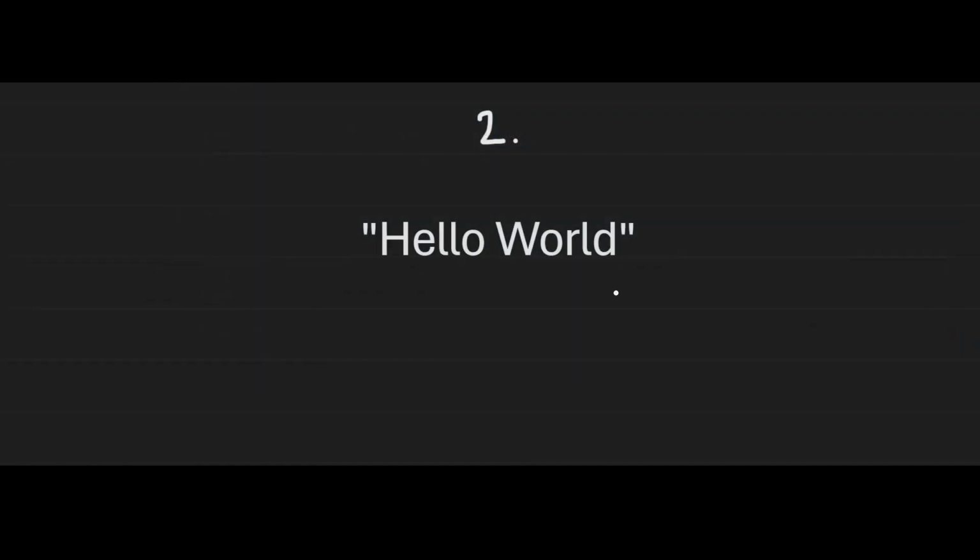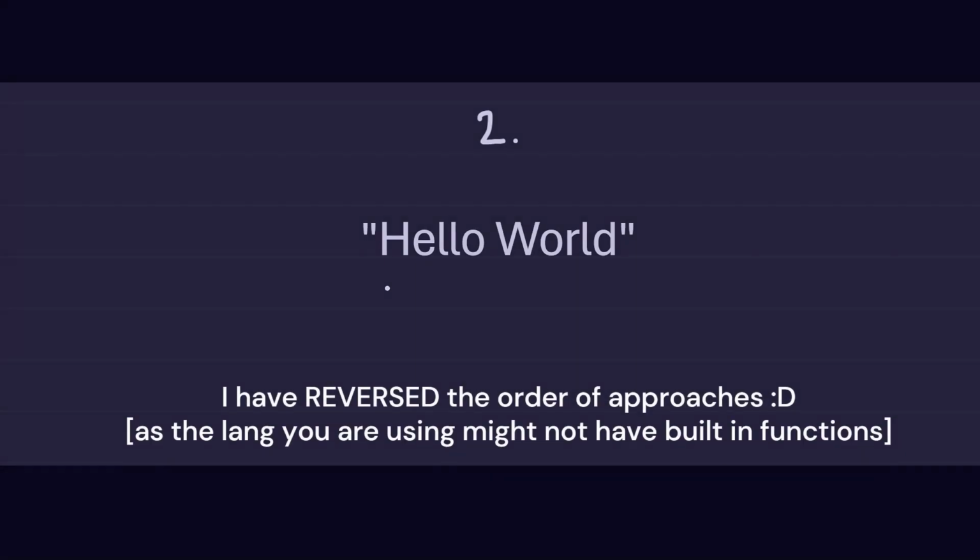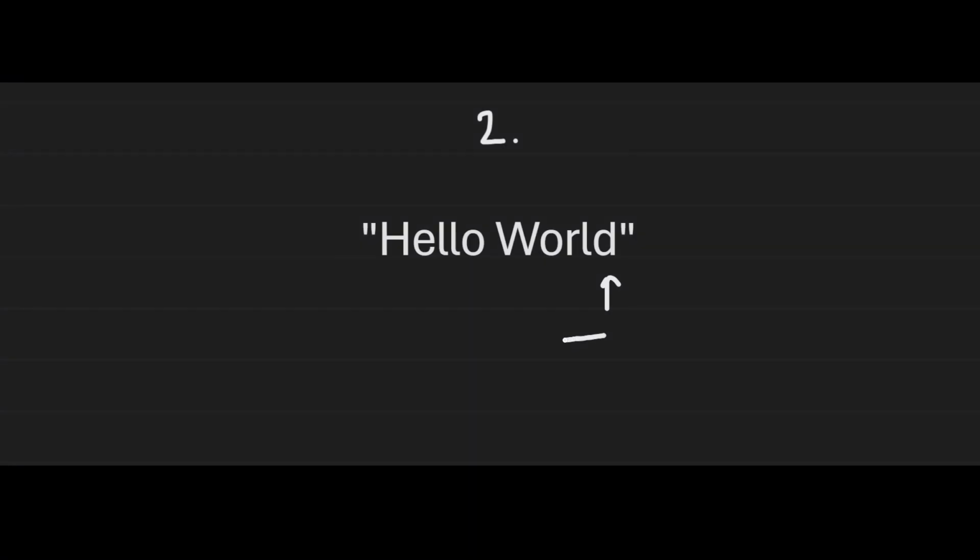Let's see the first approach, without the built-in functions. We have been given this hello world string to reverse. What we'll do is start at the end of the string and traverse it to the beginning, and we'll collect it word by word. Suppose this is the word we have to collect.